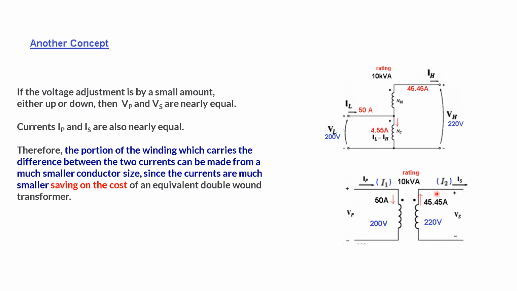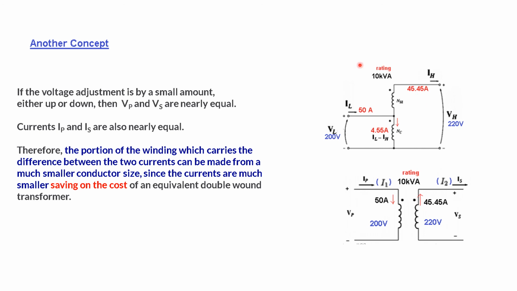If we connect this as an auto transformer, then what is happening? The primary and secondary currents remain the same, but the current in this winding is reduced to only 4.55 ampere. If we connect this transformer directly, then this winding should be heavy to handle 50 amperes, and this winding should also be heavy to handle 45 amperes.